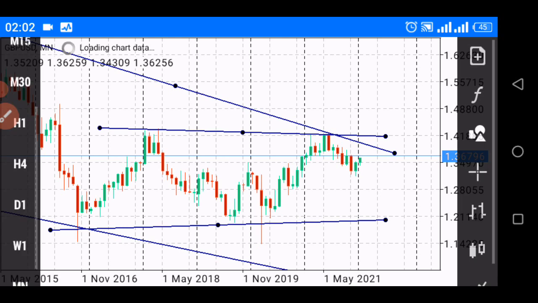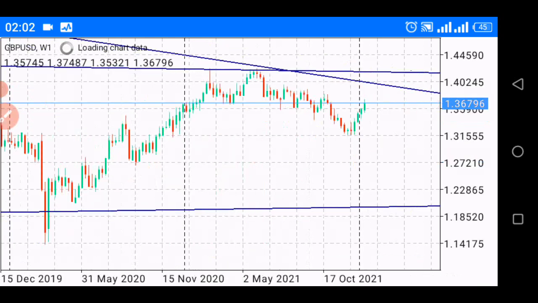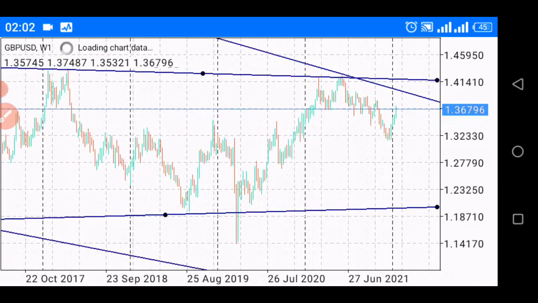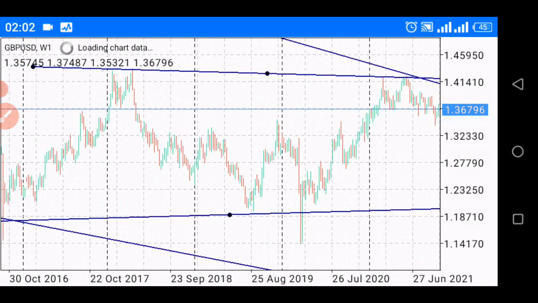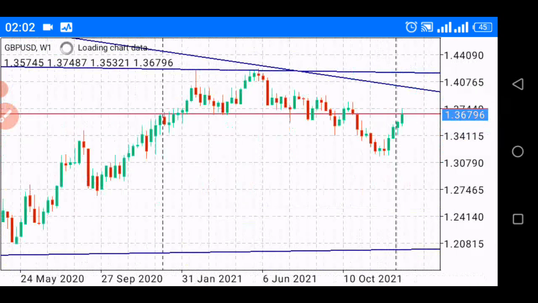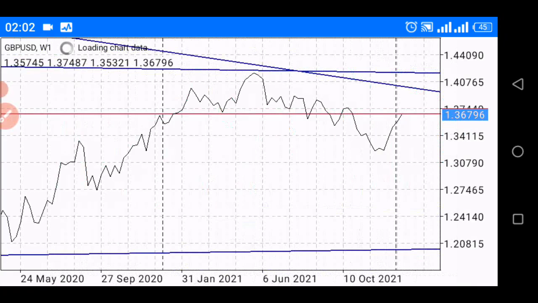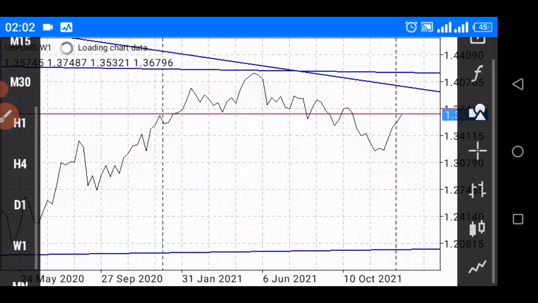So we can go to the weekly chart and look at how things are. In the weekly chart you can really see that the price has left the support and resistance level in the form of a head and shoulder or W formation. But if you are going to use a line chart, we will have a head and shoulder.